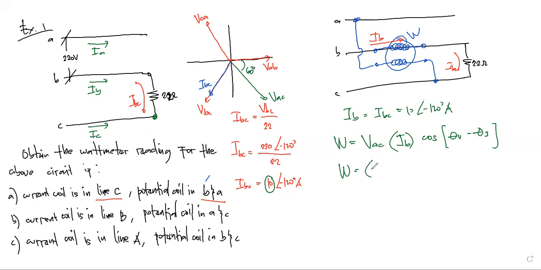Okay, so that's 220. Still, the magnitude is 220. But again, as I mentioned, that's opposite of CA. So the magnitude of current IB, that's 10.